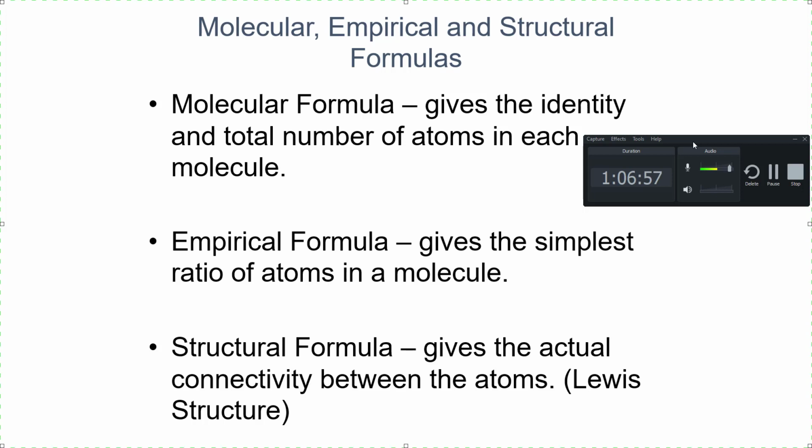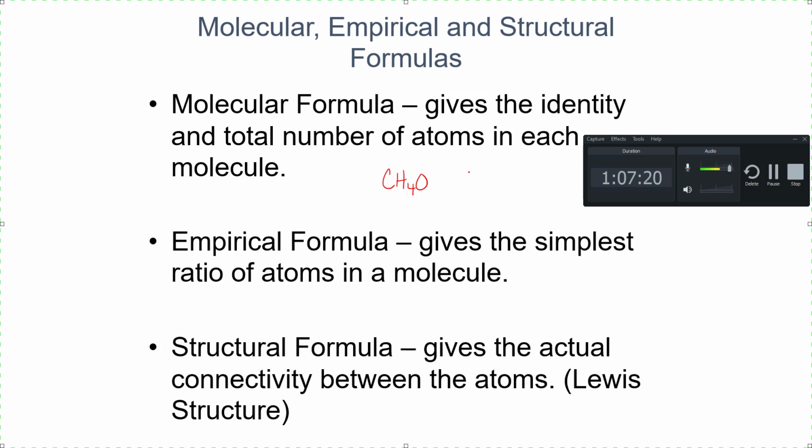So just so we have our terminology correct, a molecular formula is one that gives you the total number of atoms in each molecule. So for instance, the molecule of methanol that I had before was a carbon with 4 hydrogens and an oxygen, that's a molecular formula.